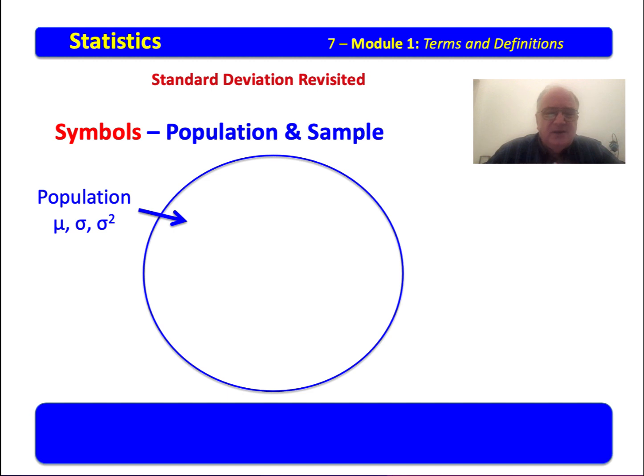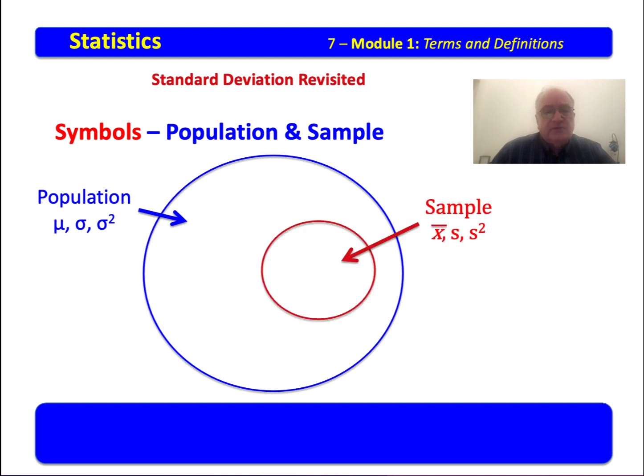But now, it's so easy to take a square root that generally we talk about mean and standard deviation. You may hear somebody say the variance in the data set. All they're talking about is the distance of the data from the mean, and it's squared. So the population is mu and sigma squared.